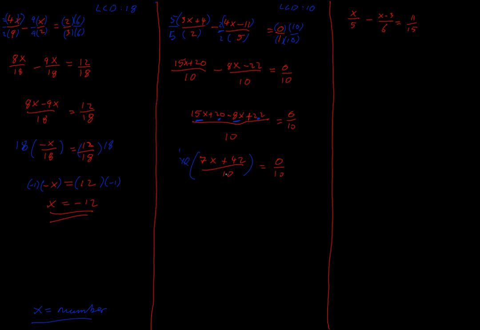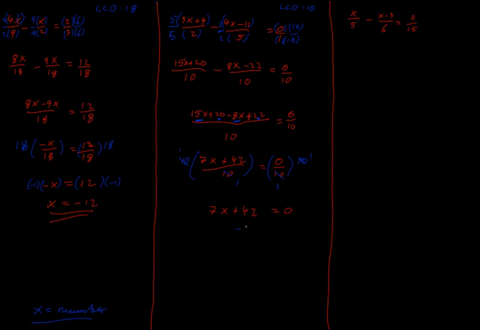Writing out how I would sometimes write it out, I have a common factor of 10 top and bottom, so I can divide it out. And here I can multiply the right hand side by 10. I have 10 divided by 10, and I am left with 7x plus 42 is equal to 0.